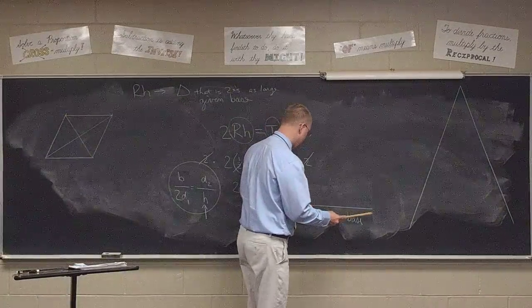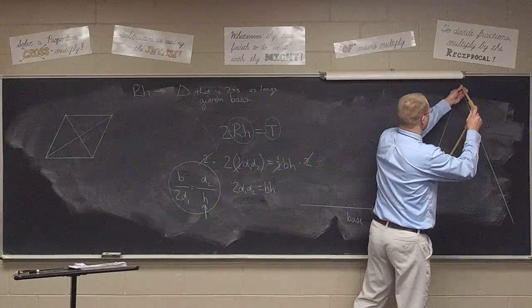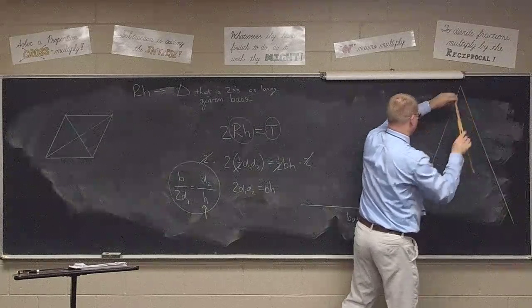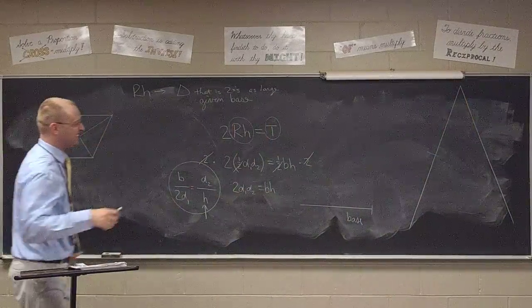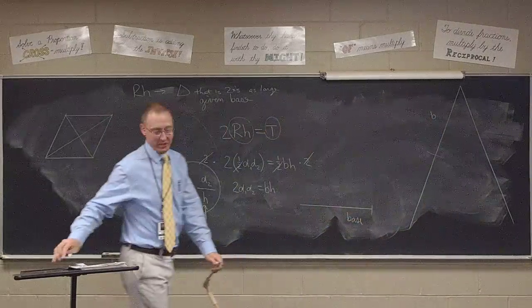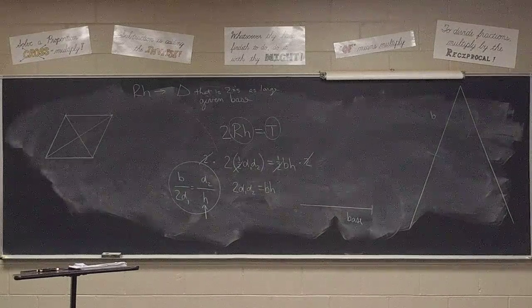So let's measure and mark off the base. I've got a feeling I'm still in trouble. Me too. So there's the base. And now I need to mark off 2 diagonals.